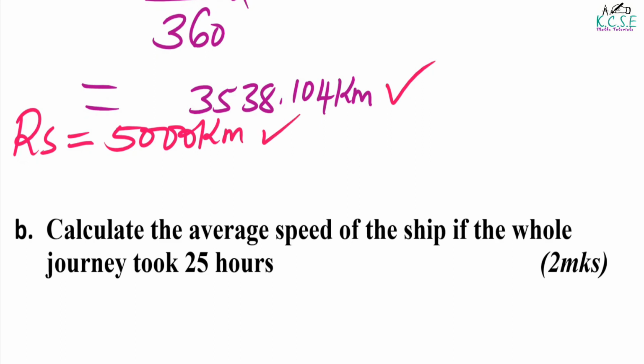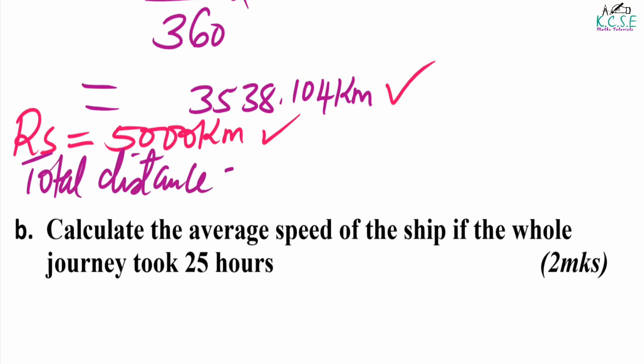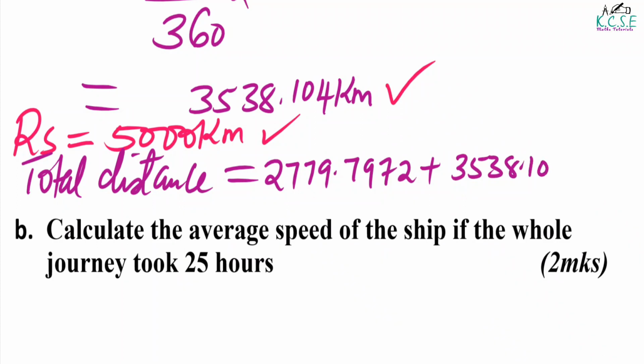Having identified that, we can now give the total distance. The total distance will be obtained by adding the first distance, PA, which was 2779.7972, plus the second distance, 38.104, plus 5,000.